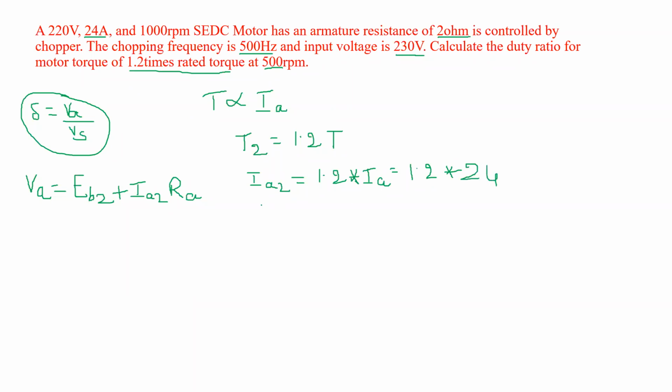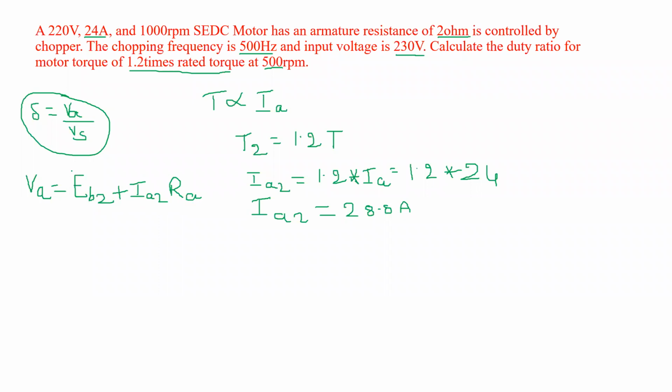Clear? What is the value of this IA2? 28.8 amperes. Exactly right answer. Now we know the value of IA2 and we know the value of RA.